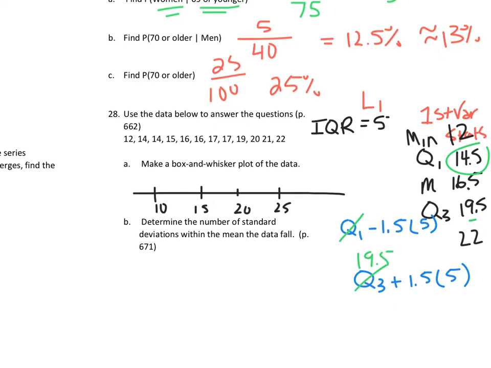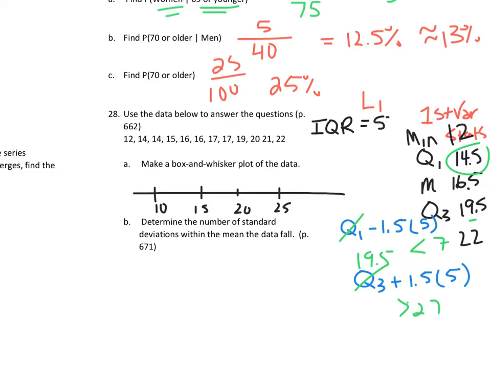If I do 14.5 minus 1.5 times 5, I get 7. Anything less than 7 would be an outlier, so there are no outliers on the lower side. Then the upper outliers: 19.5 plus 1.5 times 5 gives me 27. Nothing is greater than 27, so there are no outliers. I'm going to include everything on my box and whisker plot.